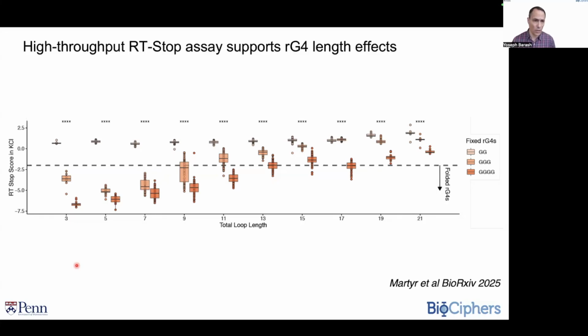And what you're seeing here are, at the x-axis, the length of the loop, and the dashed line is when they call it as forming a structure or not forming a structure. And we can definitely see whether you have a GGG track or a 4G track, the trend stays the same, where as you increase the loop length, the strength of the structure drops. So that's very much in line with what we see as well.